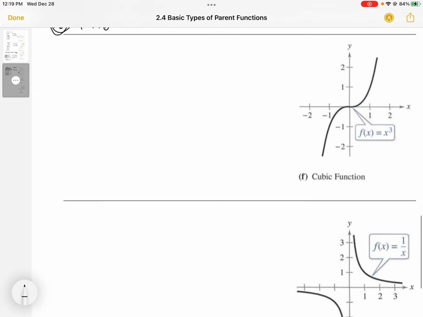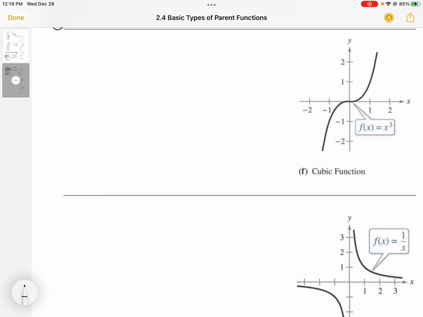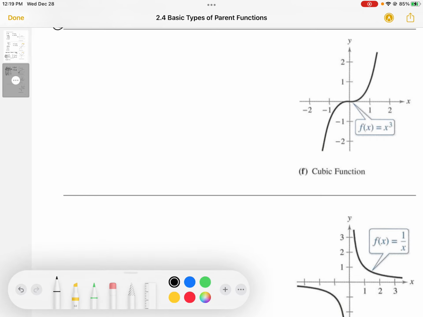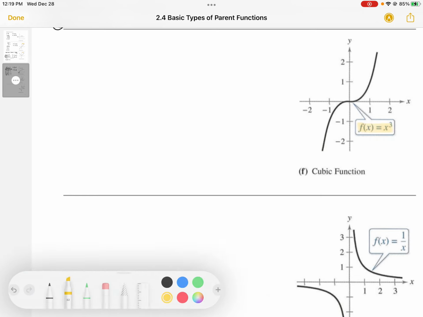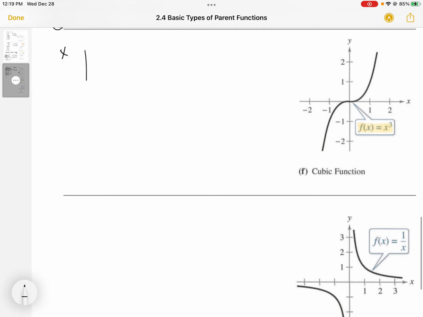Okay, we have 2 more functions to go. So we have the cubic function. That's y equals x cubed. So now our y values are the cube of x, and I'm going to keep these numbers a little bit smaller so I can actually deal with them.